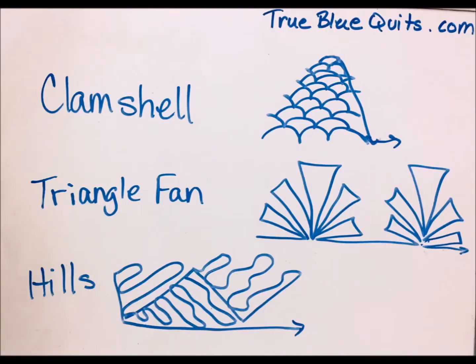For the clamshell free motion design, I start with those basic arches along the widest bottom edge of my triangle, and then echo stitch along the right hand side as if I were stitching left to right, and then I need to backtrack a little bit from the right to get to the middle point so that the next row is offset by half of that arch each time.